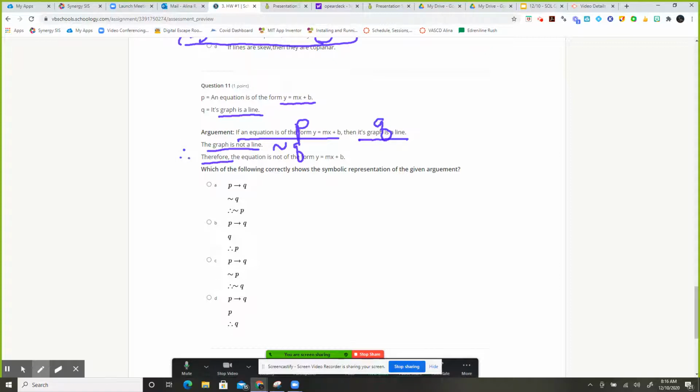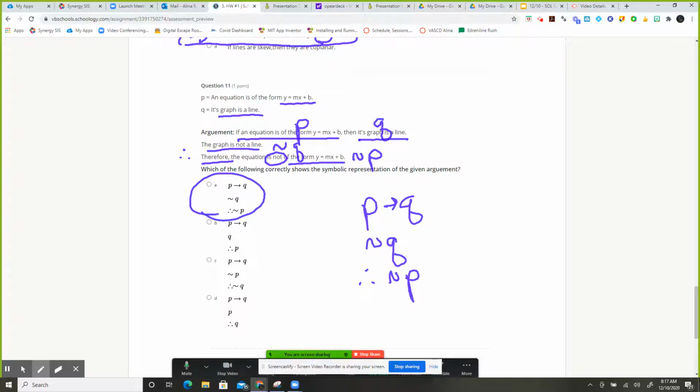The 3 dots, absolutely. The equation is not of the form y equals mx plus b, so that's not P. So we've got P, Q, not Q, therefore not P, contrapositive. So which one is that? A. It is A. My eyes have such a hard time looking at things with no loops on the Q's.